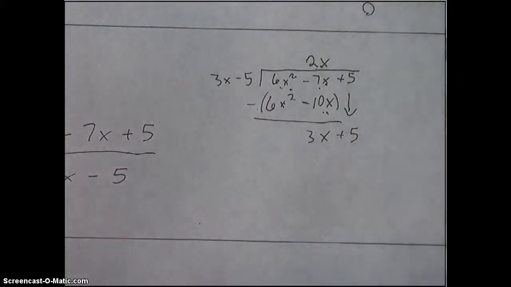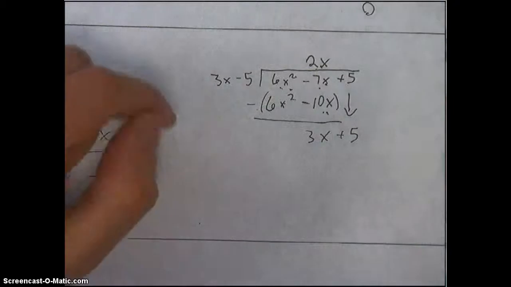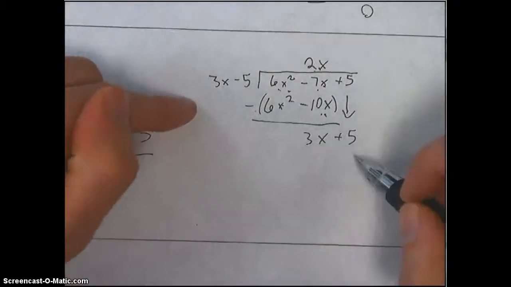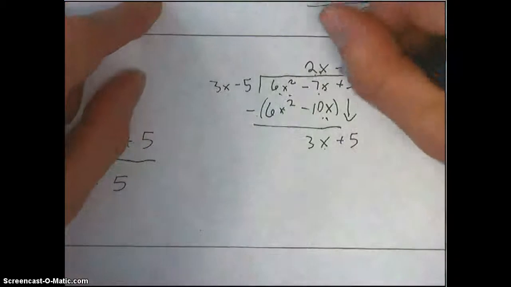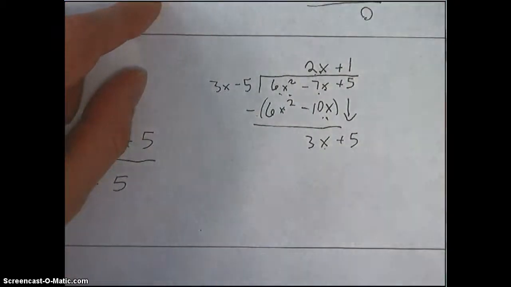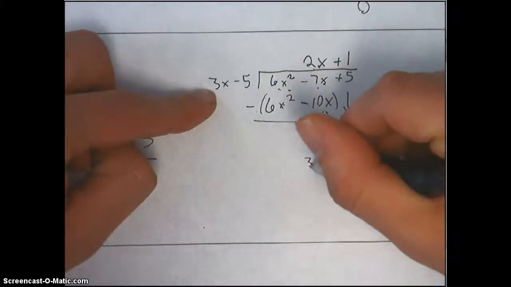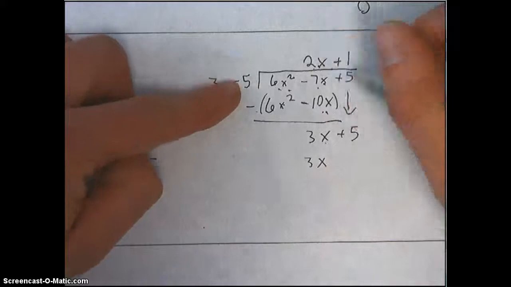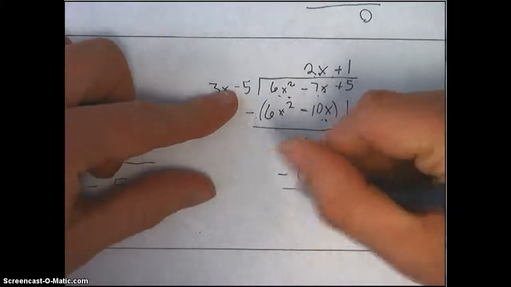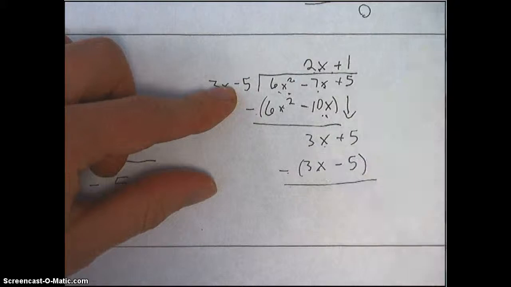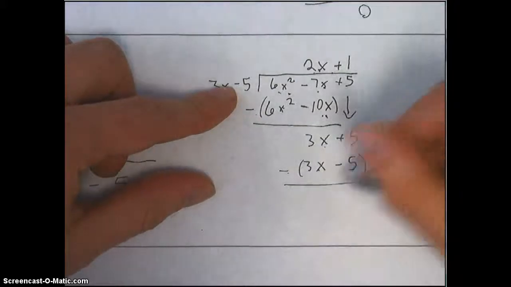And the next thing we'll want to do is ask ourselves the question, well, how do we turn 3x into 3x? That's just multiplication by 1. So 1 times 3x is 3x. 1 times negative 5 is minus 5. And I'm going to subtract all of this. So 3x minus 3x is 0.